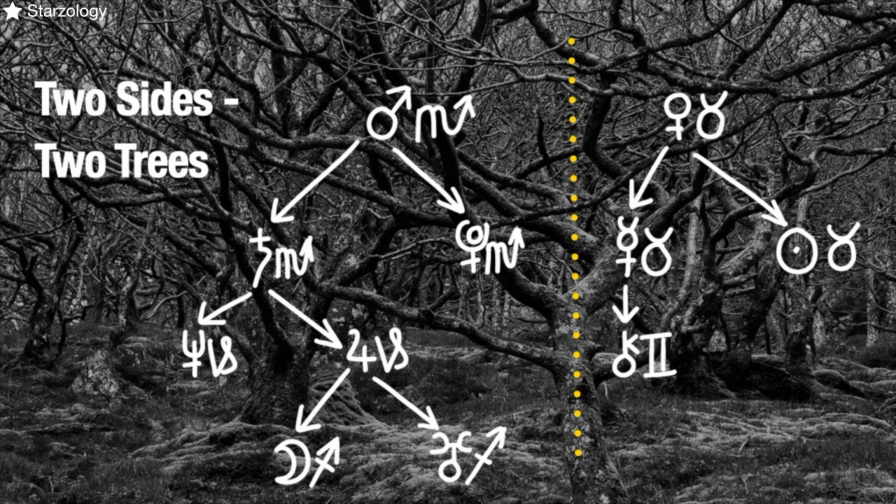You've got his public persona, which is the Mars stuff going on, and then you would typically have the private persona, which would be the Venus, Mercury, Sun and Chiron. So if there's a divide and you have more than one tree, you definitely will have 2 sides to the personality. You could have one side that's got way more planets than the other, and that would tend to be their default mode, where they're using those energies first, and then the smaller tree is likely to be the one that we don't always see, and you've really got to know the person very well to dig into what's going on with those planets.